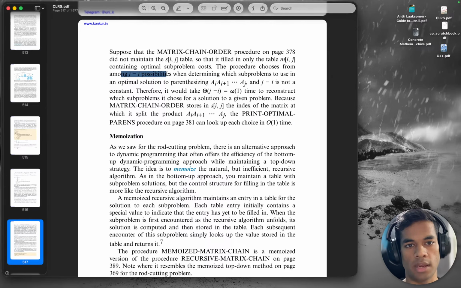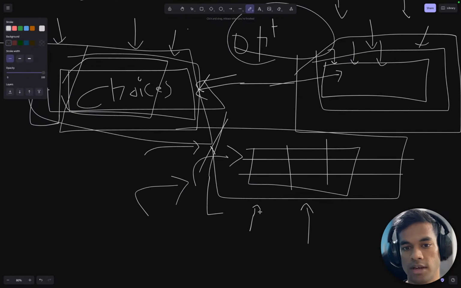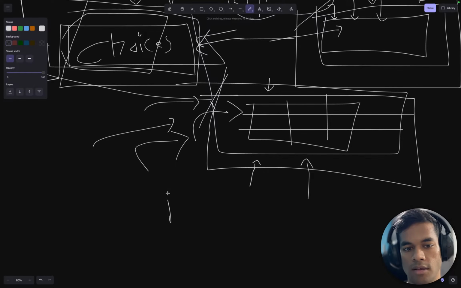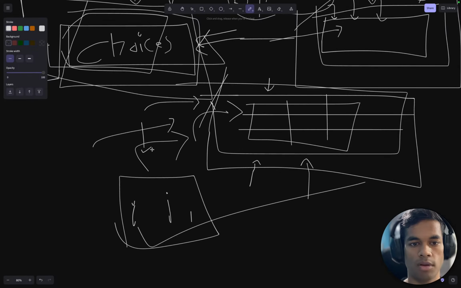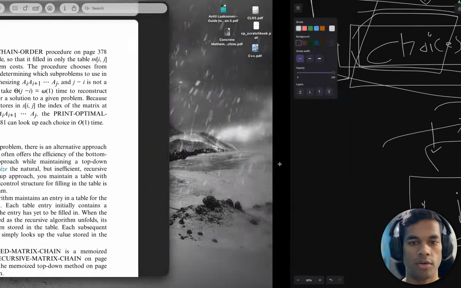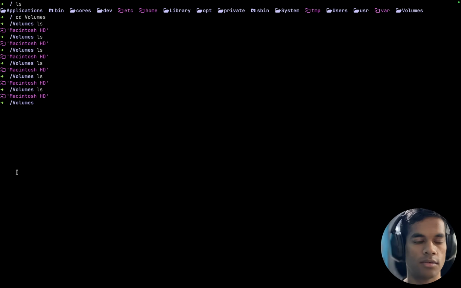At every i to j range, we have j minus i choices. If we have a separate data structure which has the choices made for particular i and particular j, then we can just look it up and construct the whole thing, which we actually did yesterday.